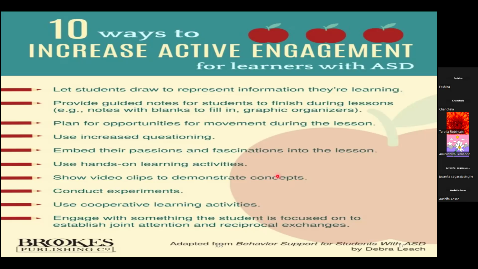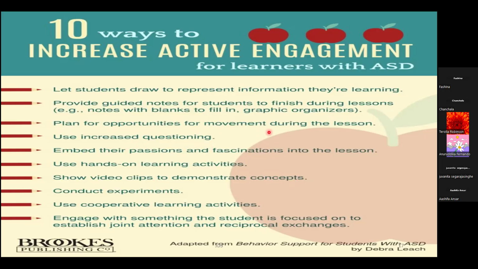When we talk about the learner, different learner types, you find it out there. Provide guided notes for the student to finish during the lesson. It can be any kind of graphic organizers or anything. Questioning, making them speak. Not only teacher questioning, making them come out with the answers.